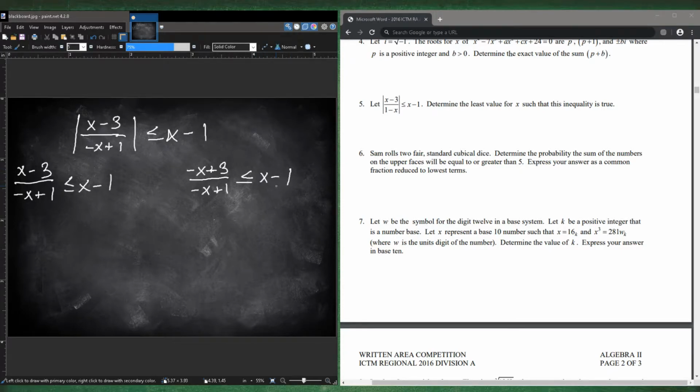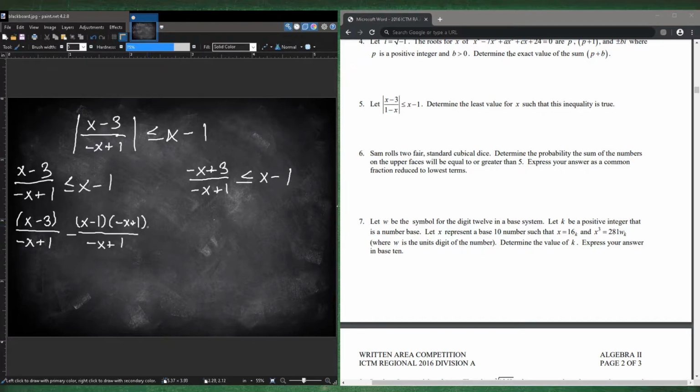So using that idea, we could just move this expression to the other side. So that would be x minus 3 over negative x plus 1 minus the x minus 1, which is the same thing as saying x minus 1 times negative x plus 1, all over negative x plus 1, right?